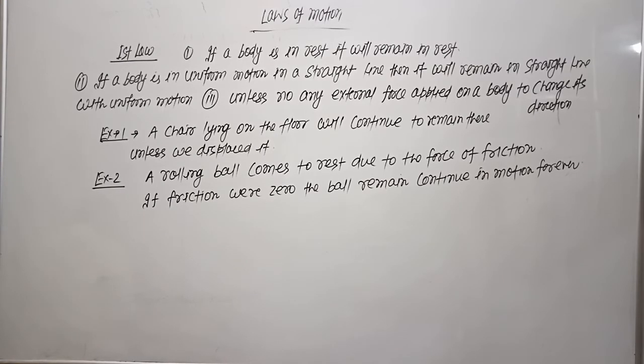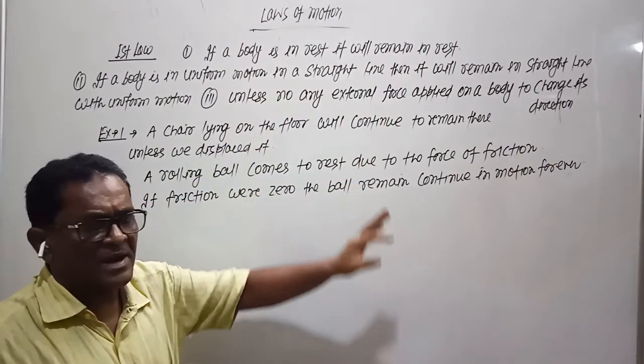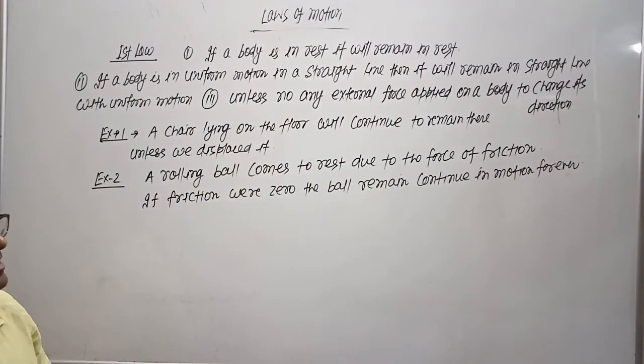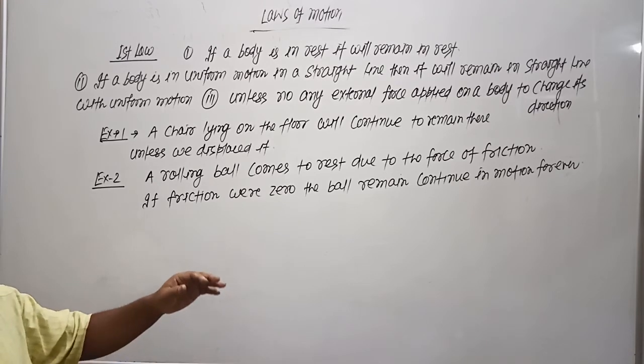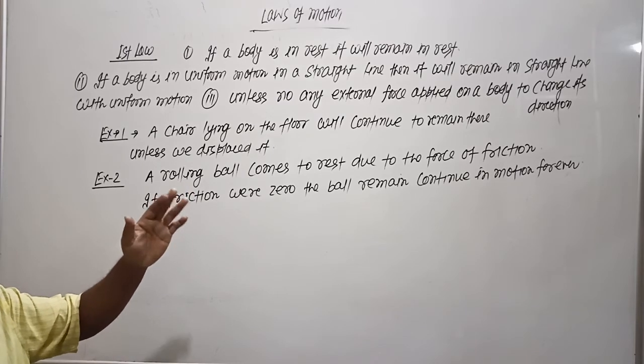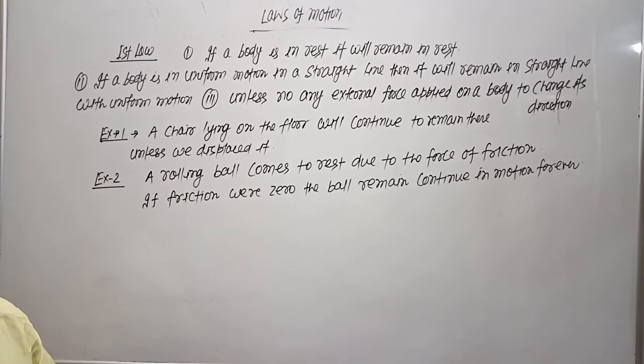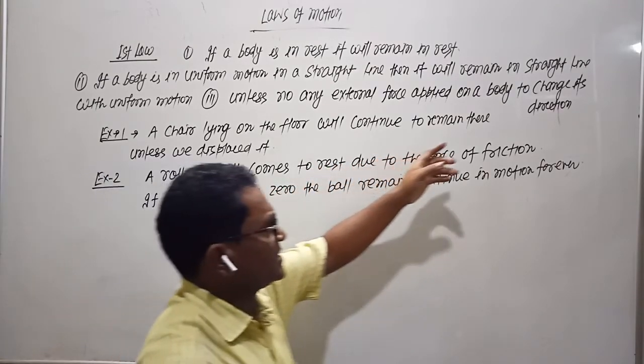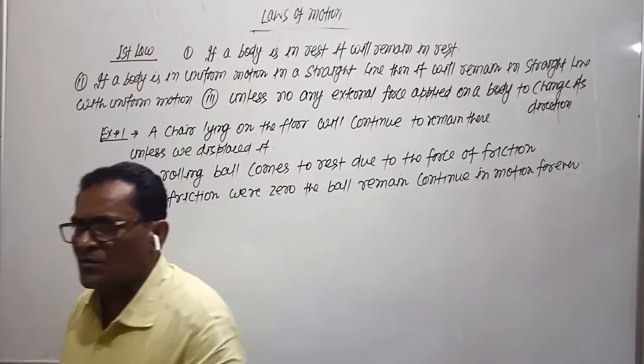And the third part also indicates that to increase or decrease the speed of a body moving in a straight line, a force has to be applied on it. So if we want the body to continue in motion, an external force will be applied in a direction opposite to the force of friction.